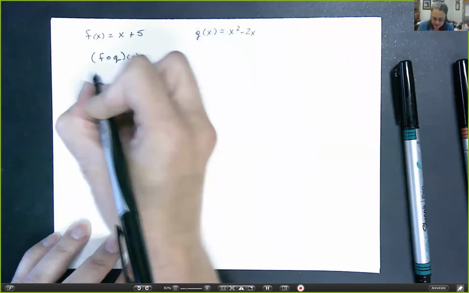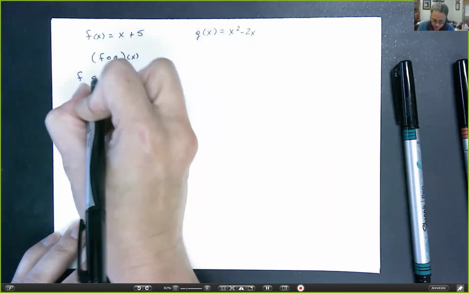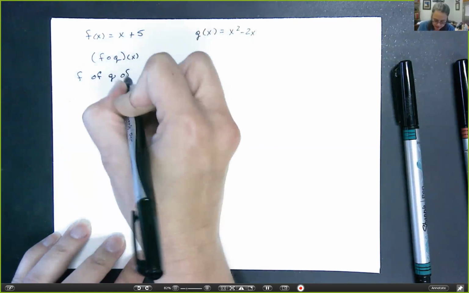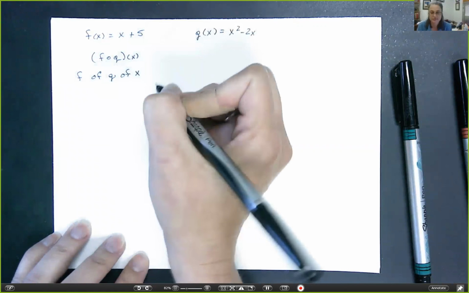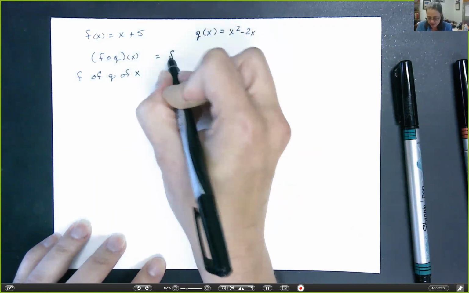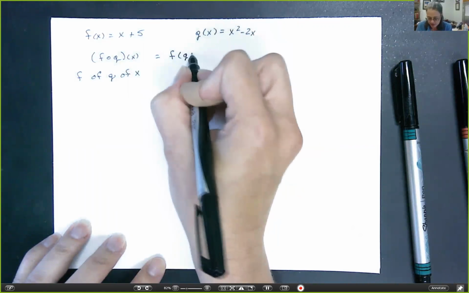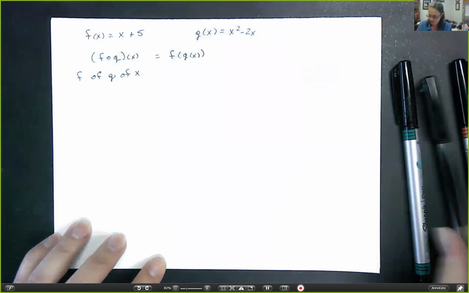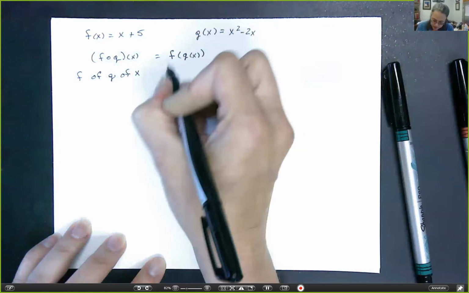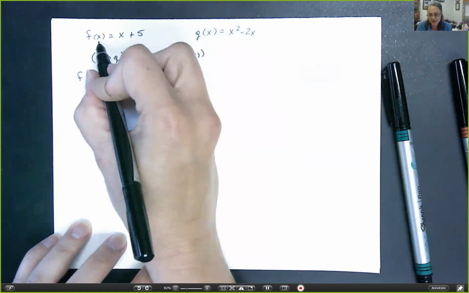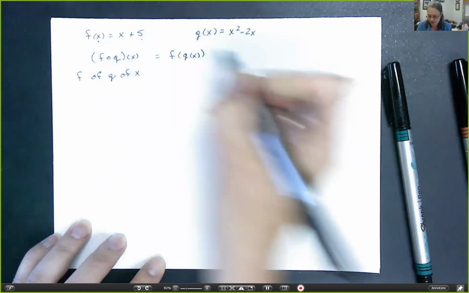Read this as F of G of x. We're going to take F and plug in G. F of x says take whatever's inside the parentheses and add 5 to it.